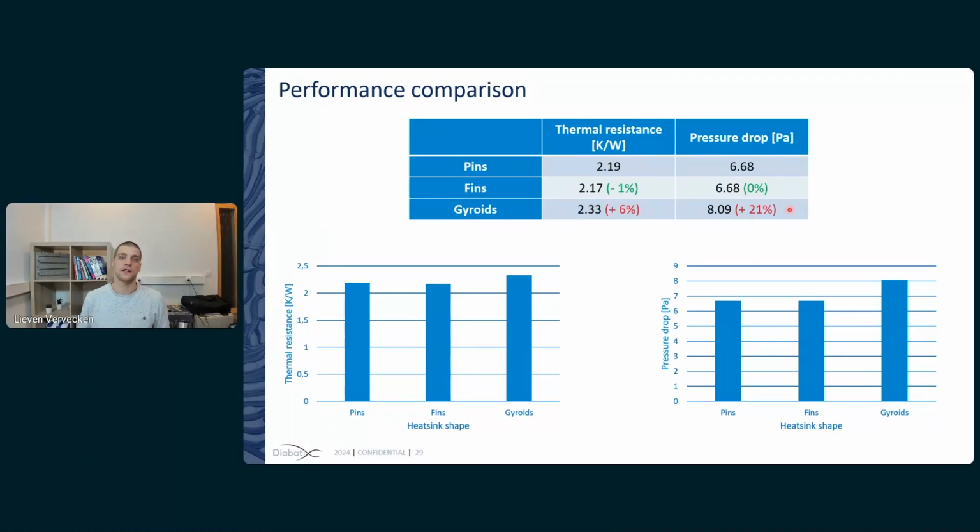So this again shows that in certain scenarios, and this is of course one specific scenario again, gyroids, despite all their promises, are not always the best solution. So when you design something, always consider other options as well, like simple pins and fins.